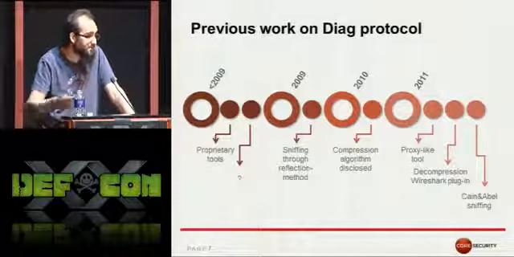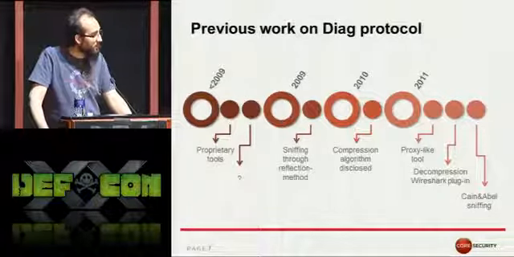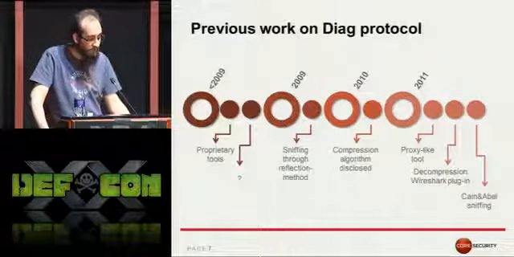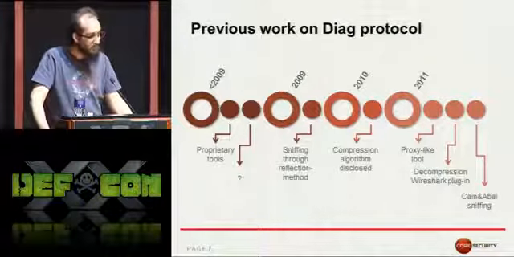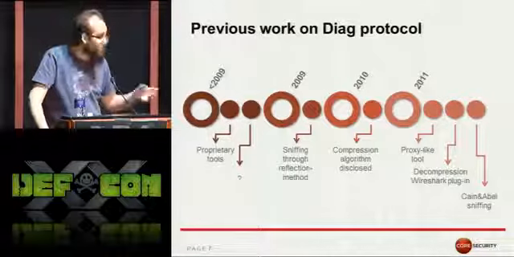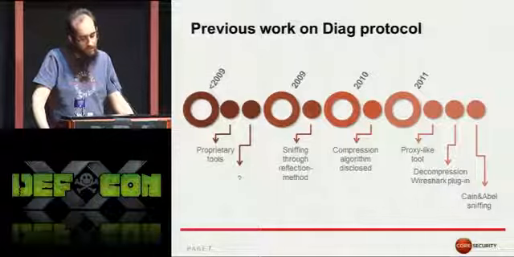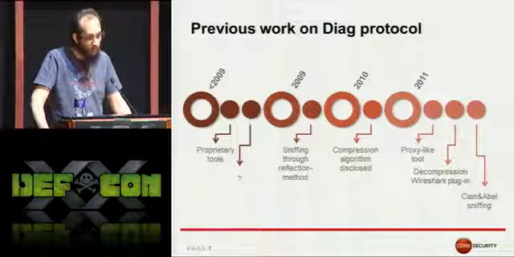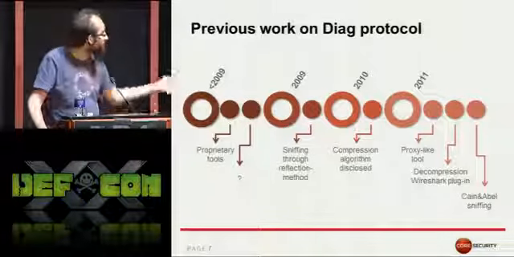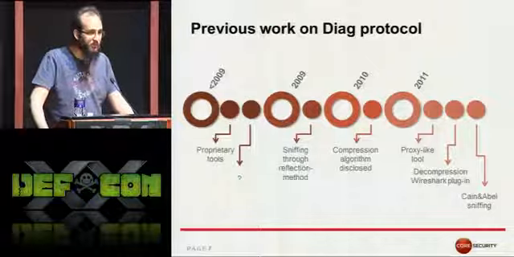MaxDB is an open source database, so the implementation of the compression algorithm is available. He wrote a small tool to decompress the traffic, and it helps a lot in trying to understand how the protocol works.